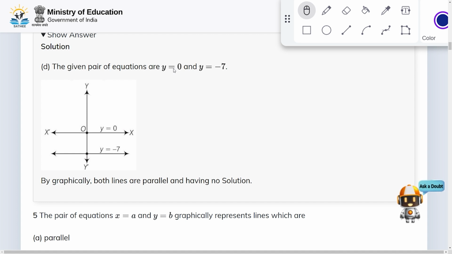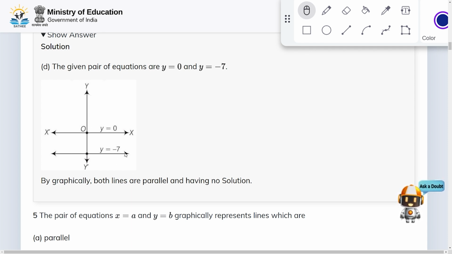You can draw the graph of this pair of linear equations. The equation y equal to 0 is actually represented by the x axis, and y equal to -7 is the line which is parallel to the x axis.